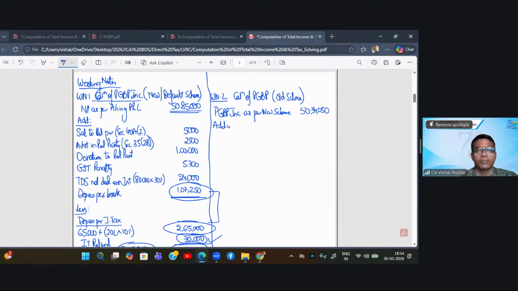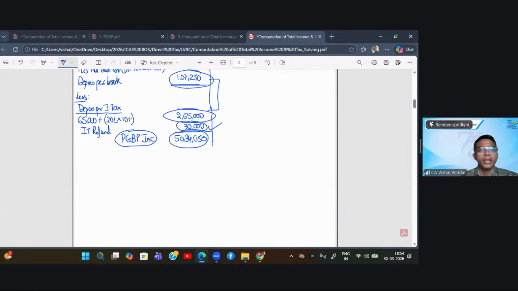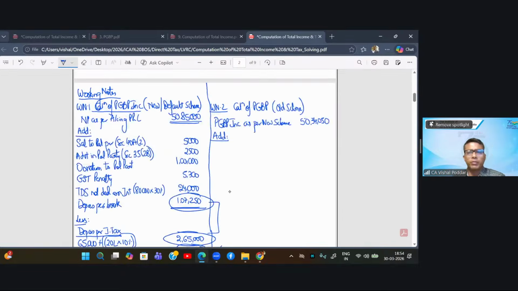Now what I did was, here I had taken this depreciation. What is this depreciation dealing with? This depreciation is the depreciation on the warehouse building. Now this depreciation I had subtracted in the new scheme, but in the old scheme, this depreciation will be part of my section 35 AD business calculation.